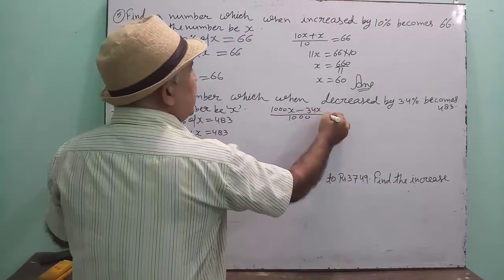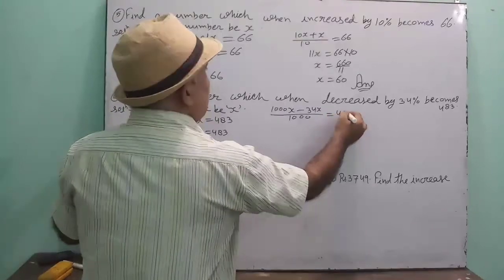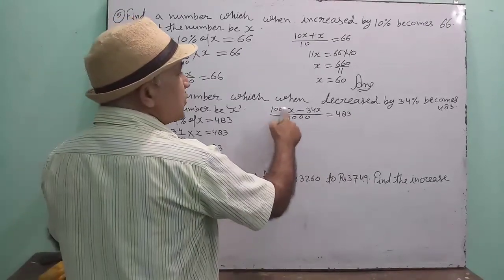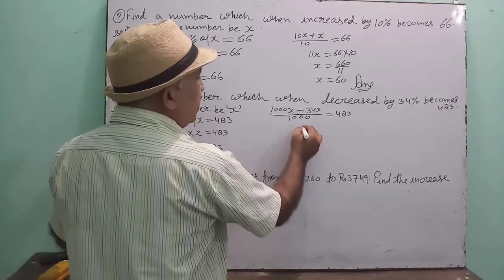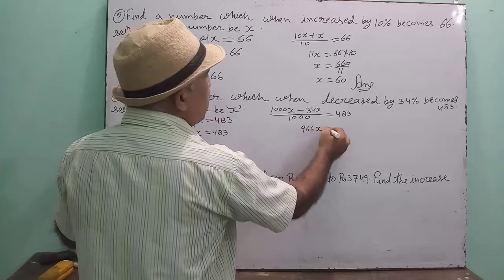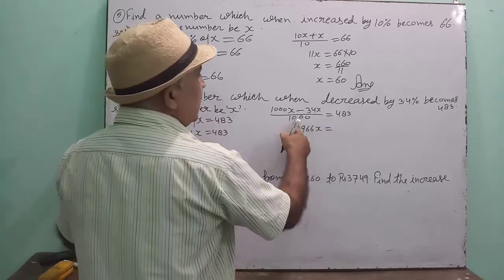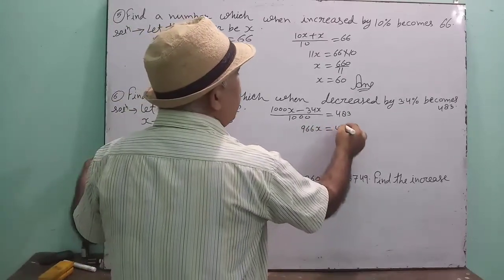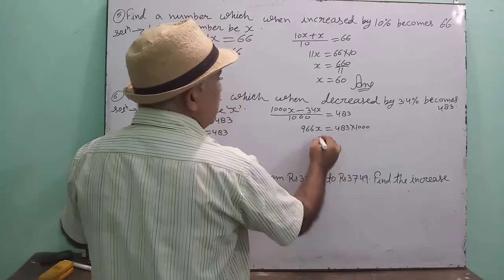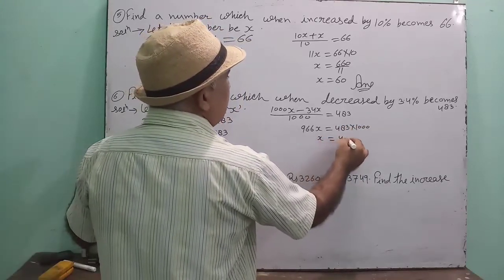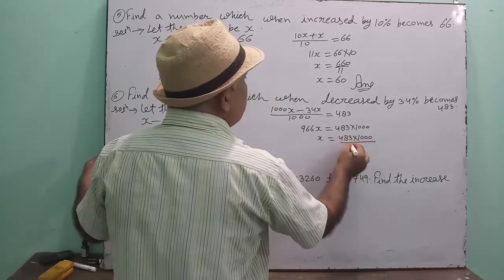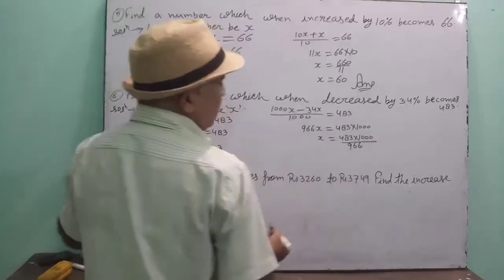So it will be 966x is equal to 483. 1000 minus 34 is 966, so 966x is equal to, this 1000 will be cross multiplied here, 483 into 1000. So x is equal to 483 into 1000 upon 966.